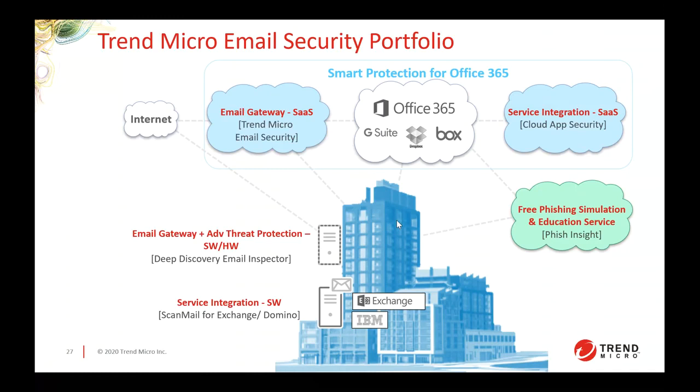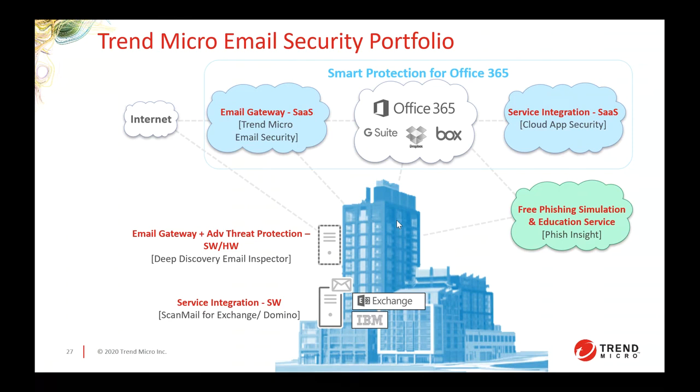In today's session, we are going to cover the Trend Micro email security offerings. We will give a brief introduction about Trend Micro email security products, and what Trend Micro email security offerings are there in the cloud as well as on-prem.